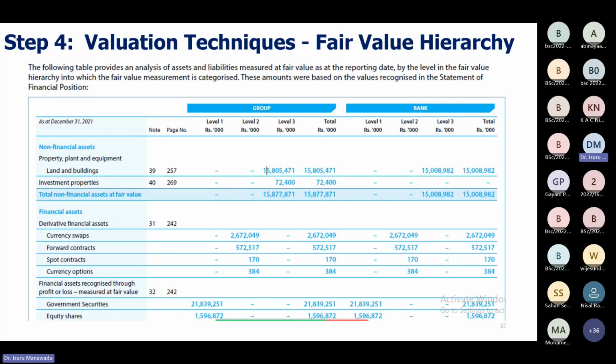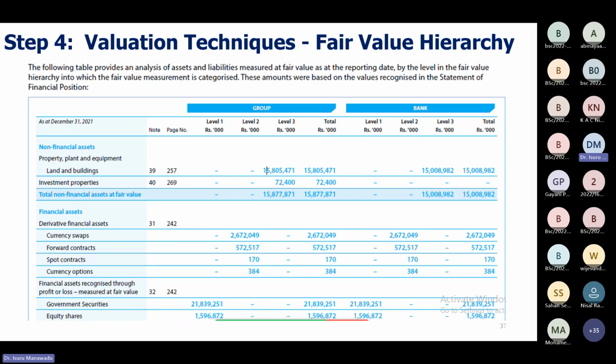Now we have taken extracts of financial statements of a bank. Now you can see how the group and the bank have disclosed level 1, level 2, level 3. In this case, level 1 valuations are not available.